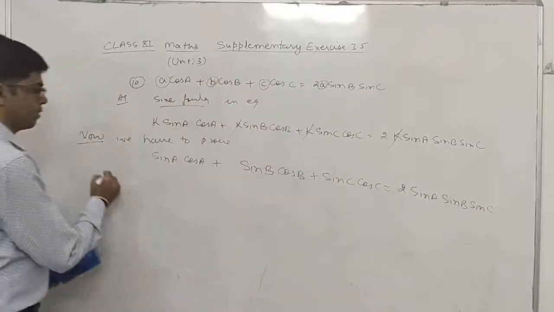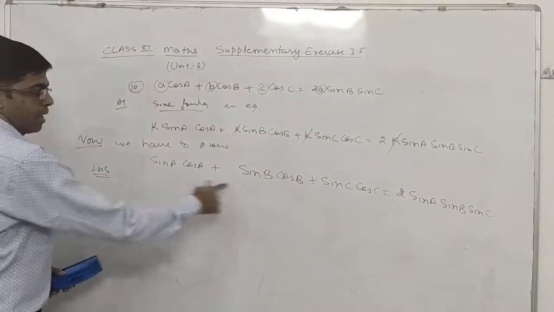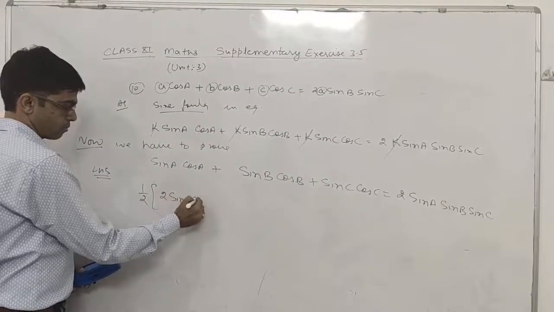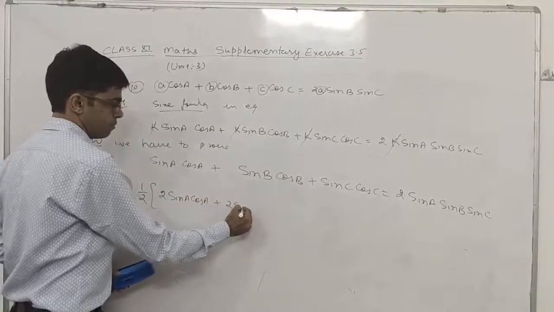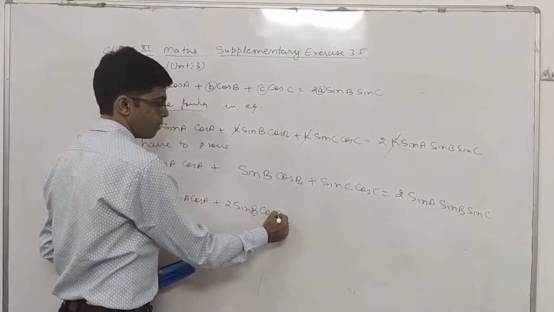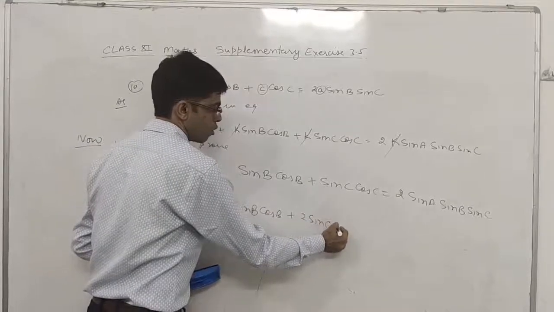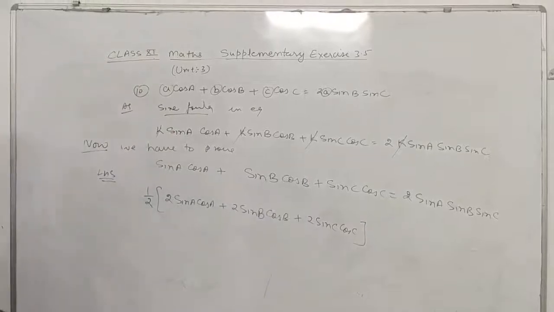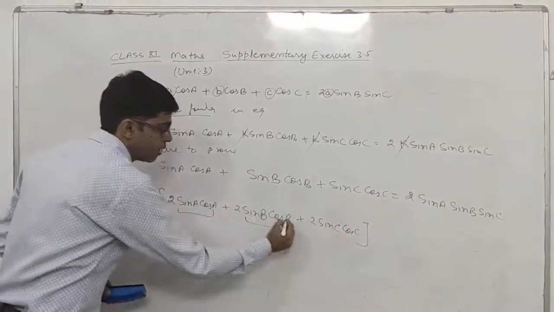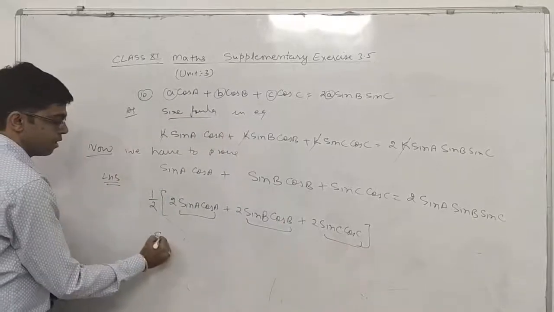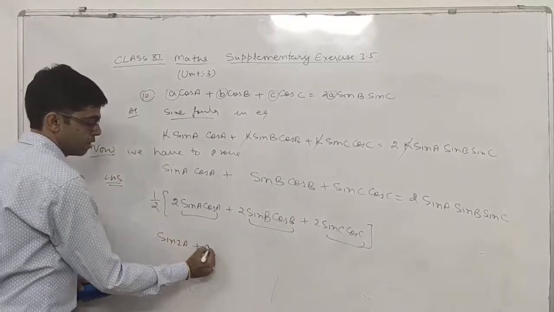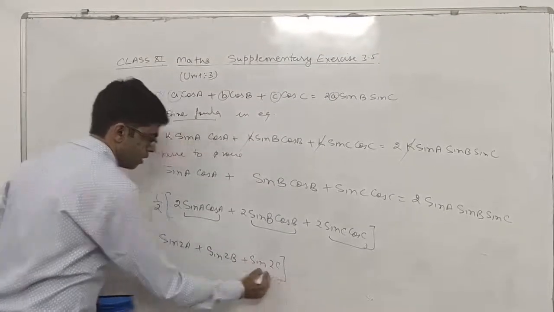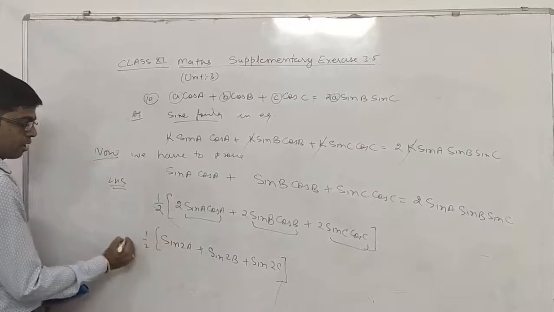So take the left hand side, multiply and divide by 2. This is 2 sine C cos C. So this is sine 2A, this one is sine 2B, and this one is sine 2C. Sine 2A plus sine 2B plus sine 2C whole divided by 2.